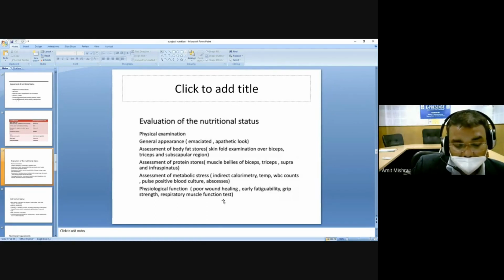Apart from patient education and pre-rehabilitation, we should also advise the patient to abstain from any sort of addiction, such as alcohol abuse or smoking, because this increases post-operative complications. Then routine examination is very important, as we did in the physical examination. Then there is an important fasting guideline.